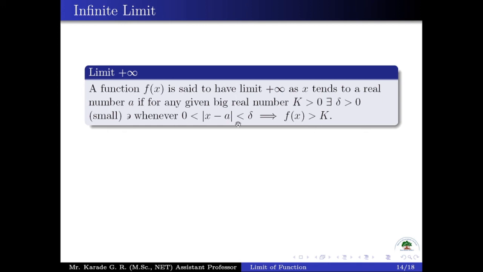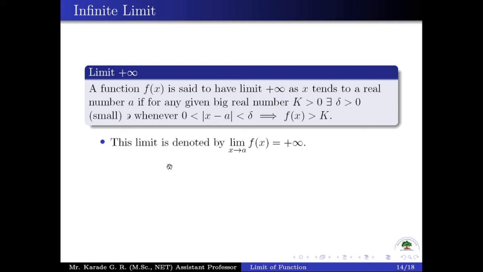So we observe here, this means whenever the distance between values of x and a becomes smaller and smaller, the values of f of x are greater than k. What is k? k is a very big number, means values of f of x become larger and larger.